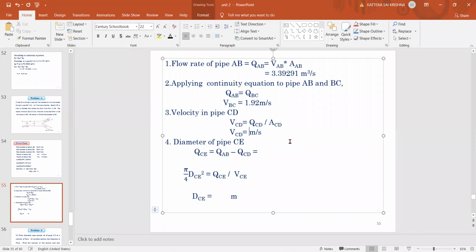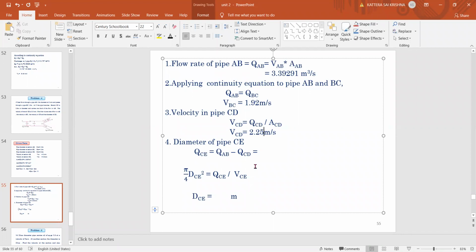So you'll get your VCD equal to 2.25 meters per second.